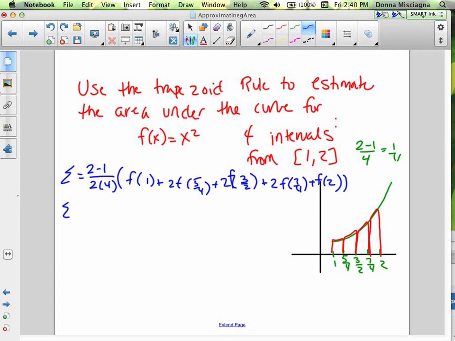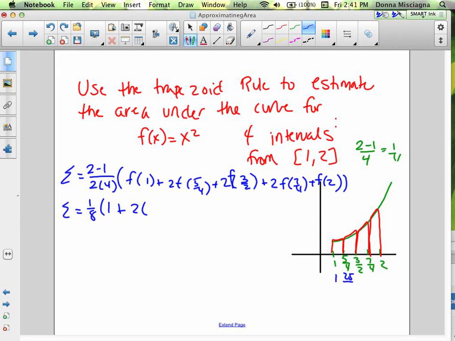So this is going to be 1/8 again. So f of 1, that would just be 1 squared. That's going to be 1. And then 5/4, that would be 5/4 squared.